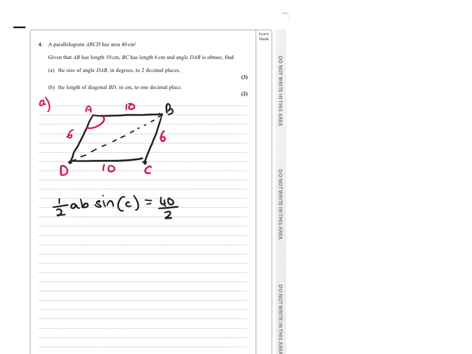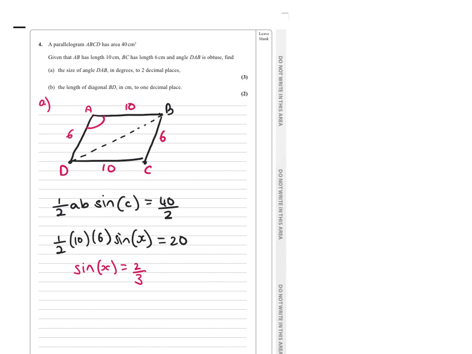Then we're going to get a half lots of 10 lots of 6 sine of the angle X, which we're trying to figure out, is in fact 20. So if I rearrange this, I'm going to get 30 sine X equals 20, so sine of X equals 2 over 3.